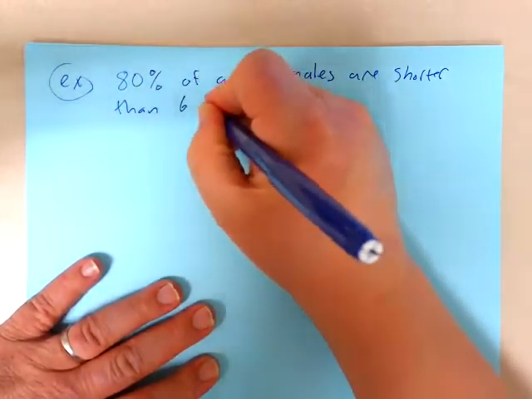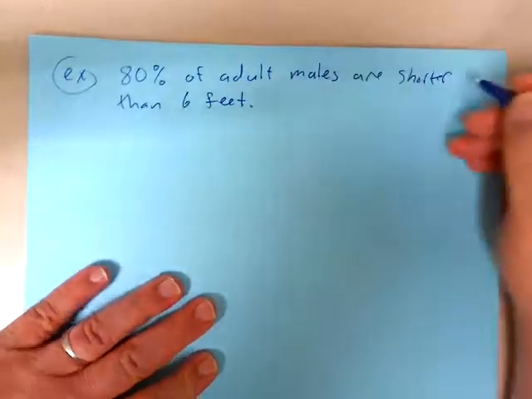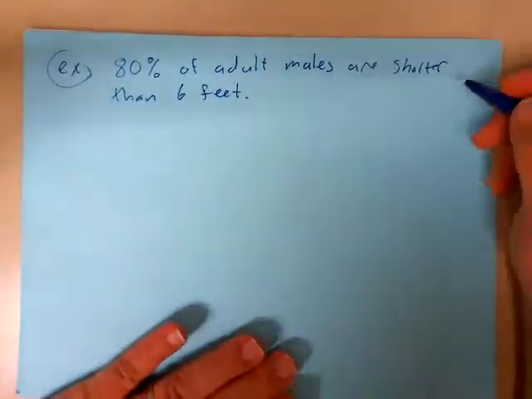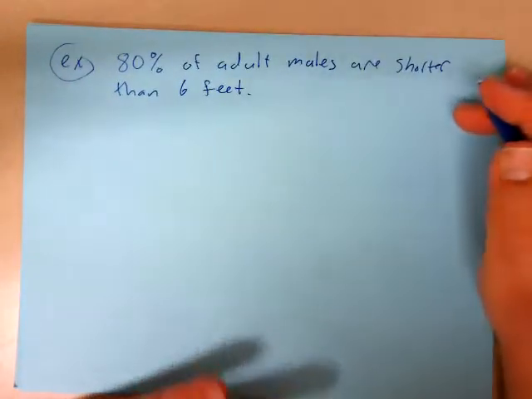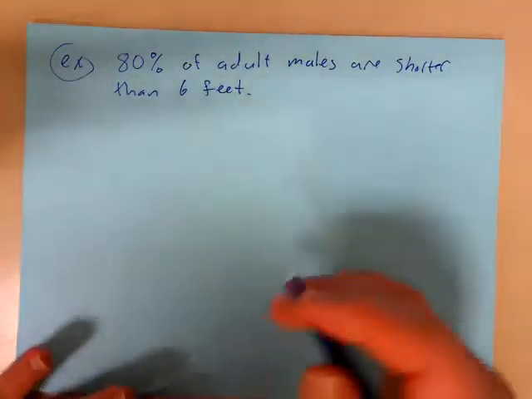Let's say. I don't know if that's true. I'm making it up. But let's say that's true. In a certain population, 80% of adult males are shorter than 6 feet.